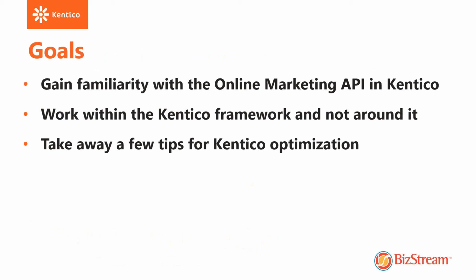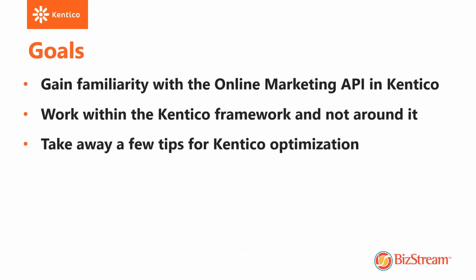As we talk to many different Kentico developers, they're using a lot of custom web parts, a lot of the regular API, a lot of modules, but they're not really branching out into some of the more advanced digital marketing concepts. Hopefully I can show you that there's nothing to be afraid of. It is pretty easy. We're going to go through it, and at the end of it, you'll be a little bit more comfortable.